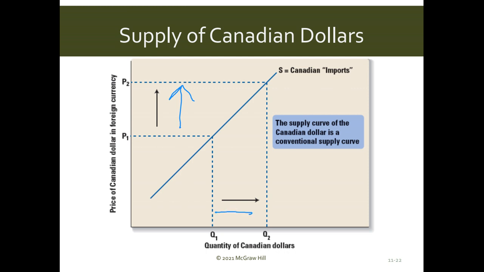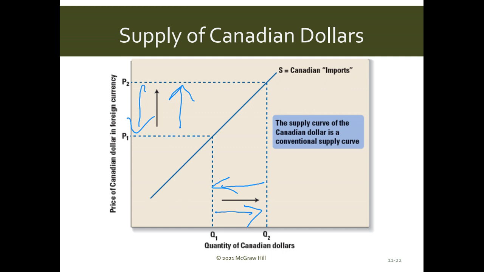Because when your currency appreciates, the price of goods and services in the foreign country will be cheaper in terms of your currency. So it is better to purchase from other countries. Similarly, if your currency is depreciating, your imports will become more expensive, and therefore you are going to reduce imports. You reduce the supply of Canadian dollars.